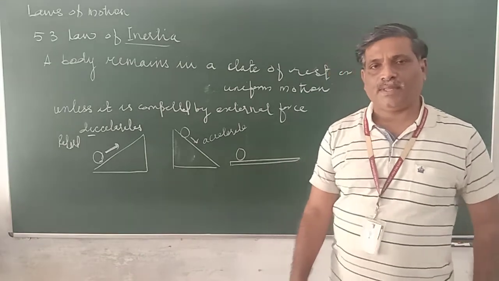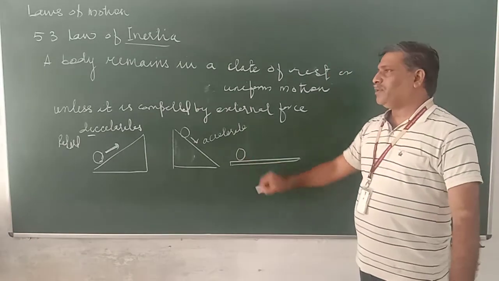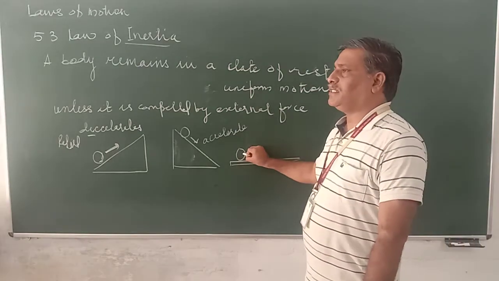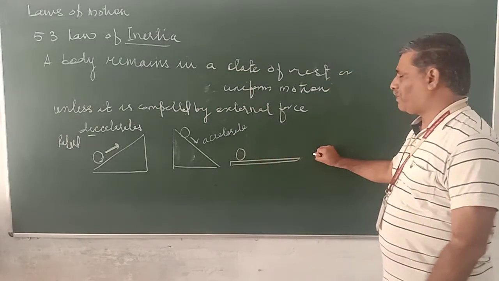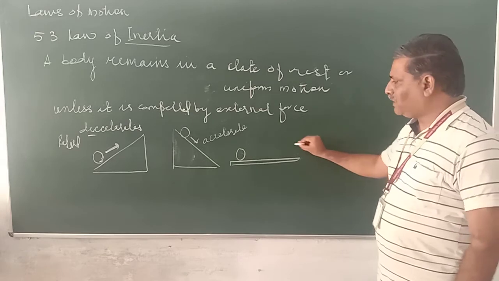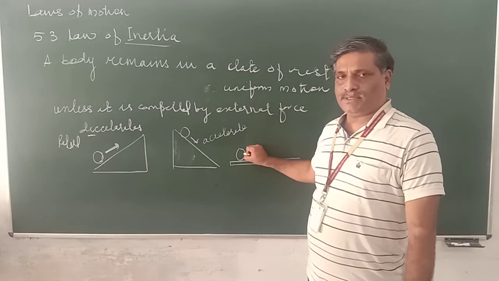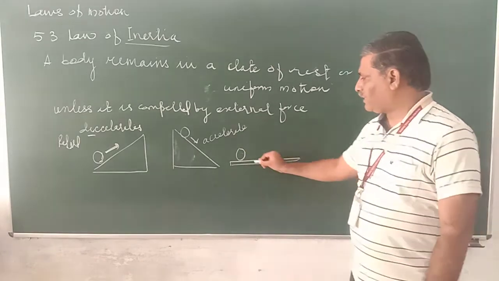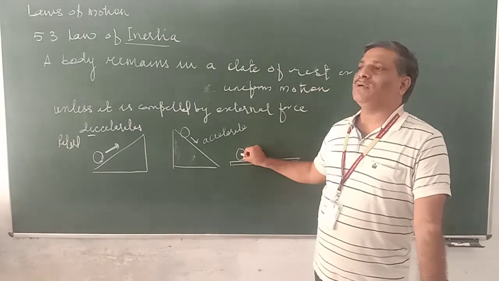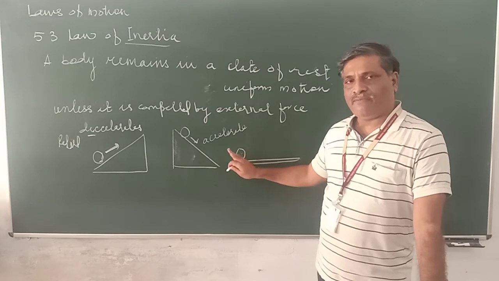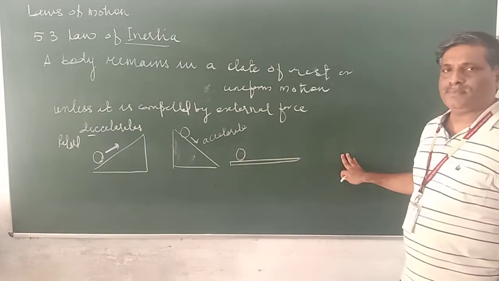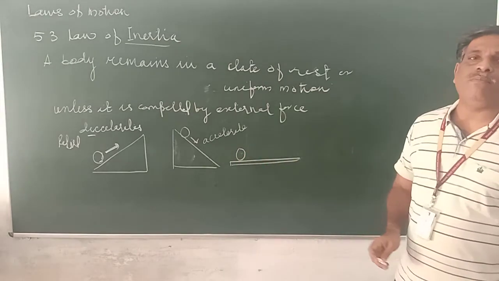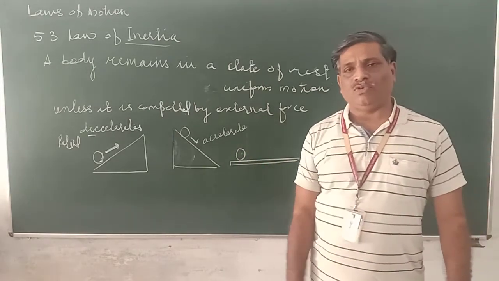To his surprise, he found that after a finite distance, the object stopped. He concluded that the object stopped because of friction. If friction is totally removed, the object will continue to move with constant velocity.